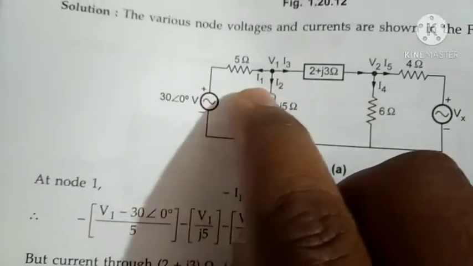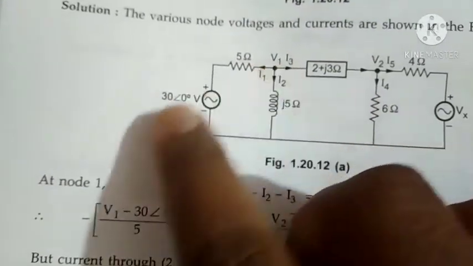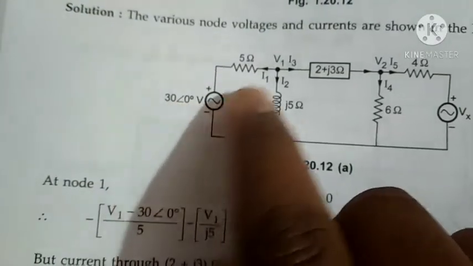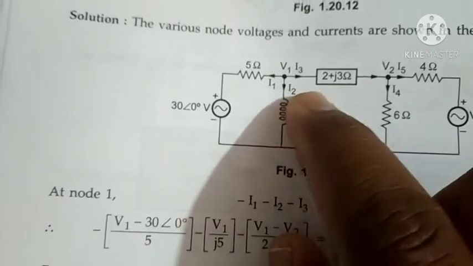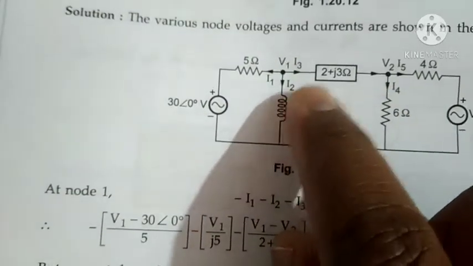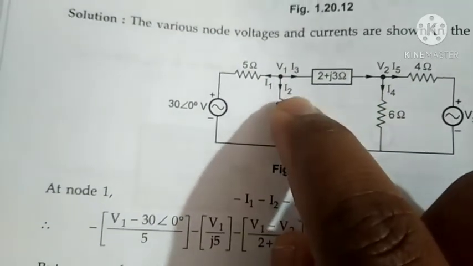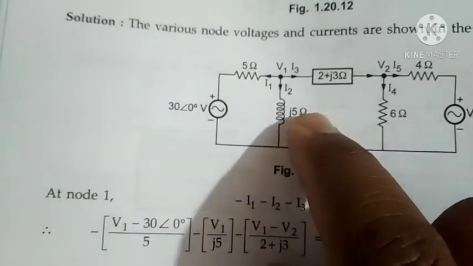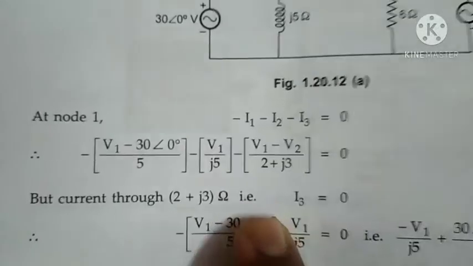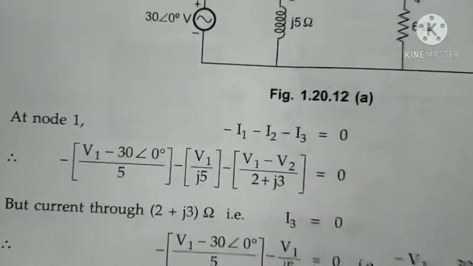Now we know how to write I1. I1 is given by (V1 minus 30 angle 0) divided by 5. Then I2 is given by (V1 minus V2) divided by (2 plus j3), and I2 is given by (V1 minus 0) by j5. This we can substitute, and after substituting we will get some value.